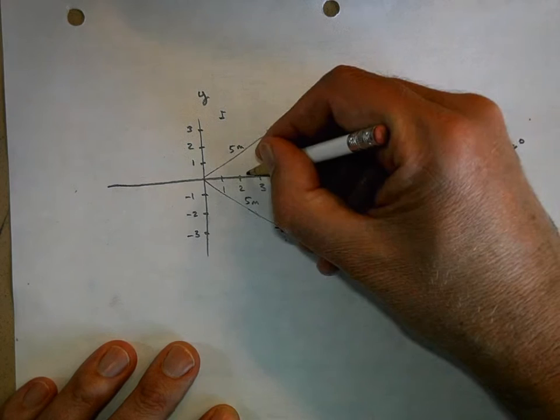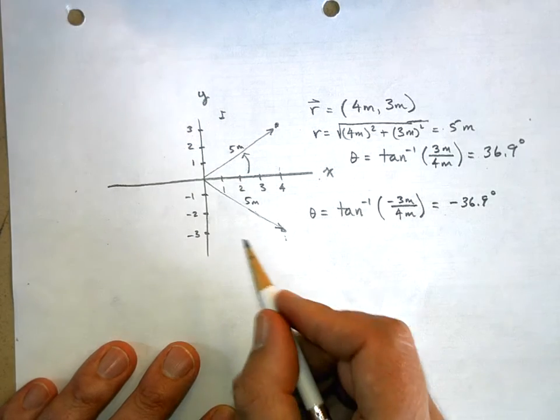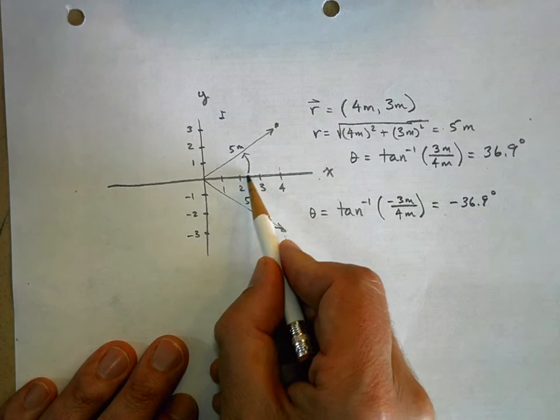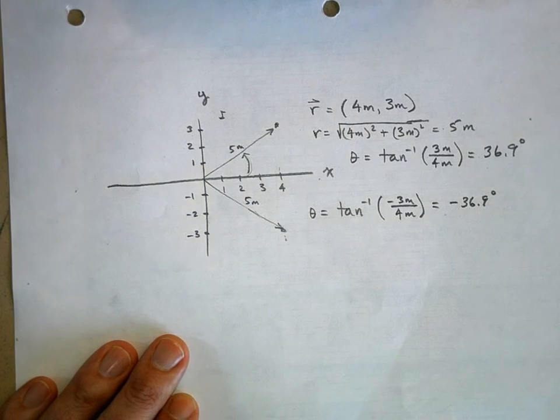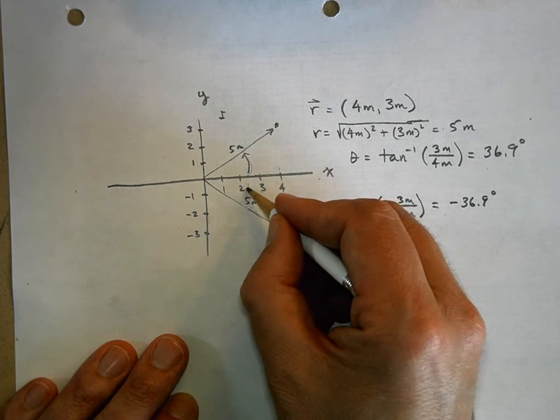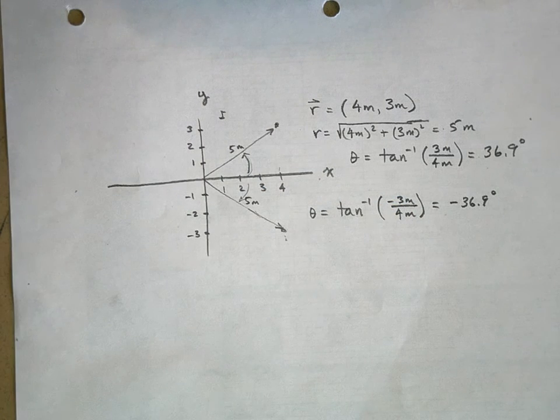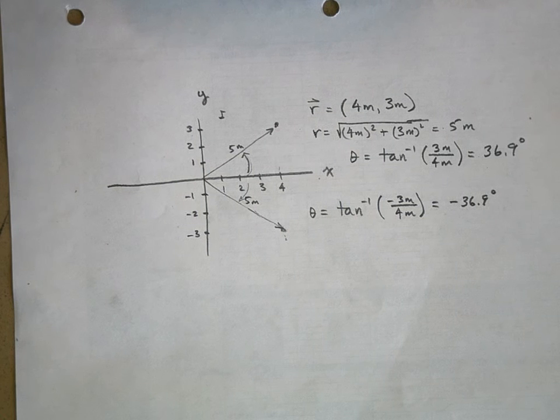Because look, if we rotate counterclockwise from the x-axis like this, it's a positive angle, but if we rotate down like this, it's a negative angle. And your calculator knows that. The algorithm in your calculator knows that. So it gives you this angle. What if you wanted to express it as a positive angle?